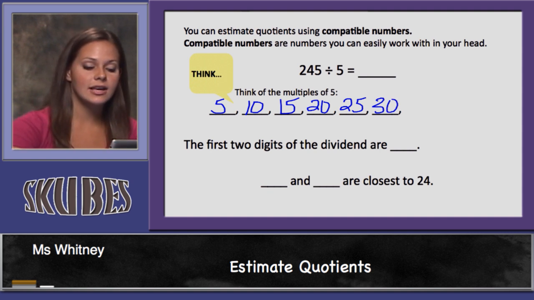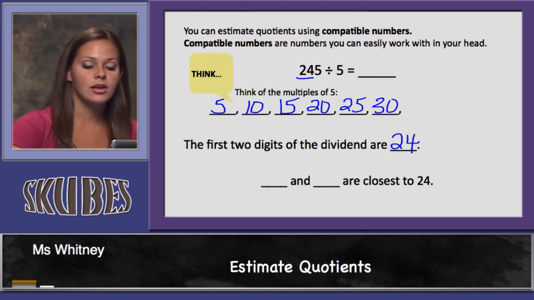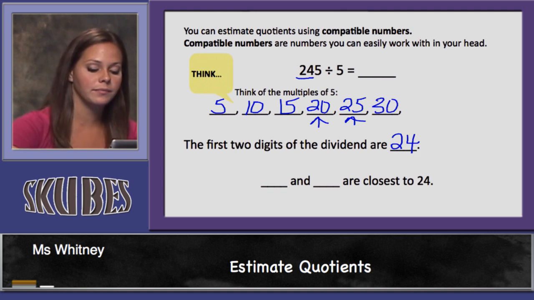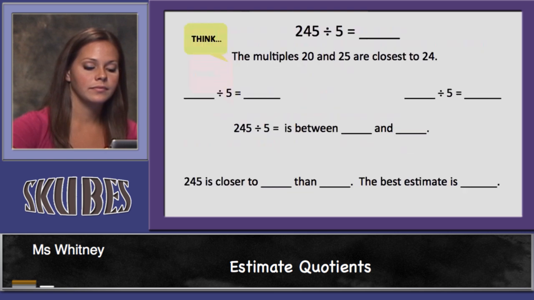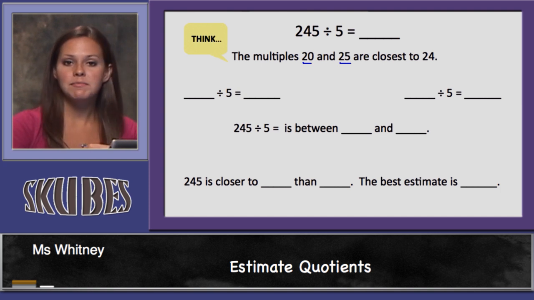The first two digits of the dividend, which is 245, are 2, 4, or 24. Let's look at our multiples. 20 and 25 are the closest multiples to 24. We are going to take 20 and 25 and make an estimate.